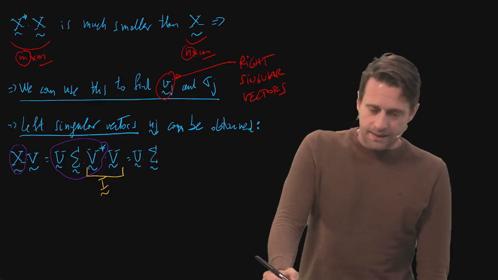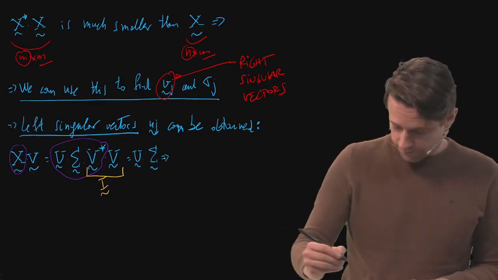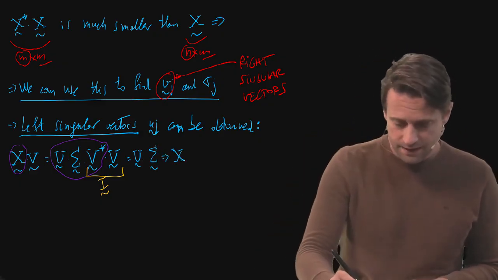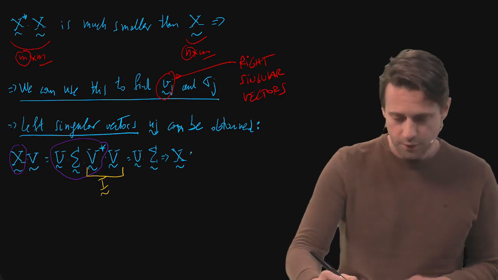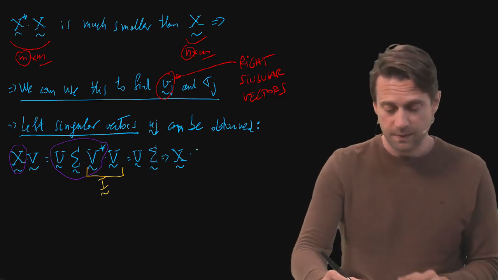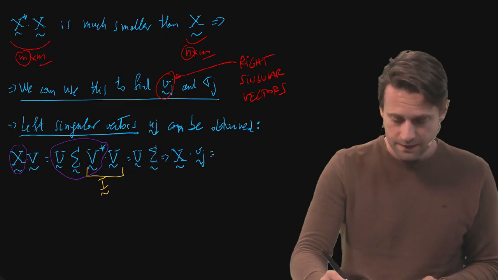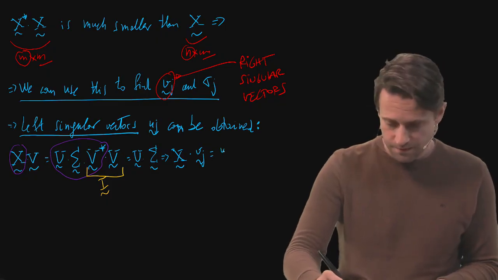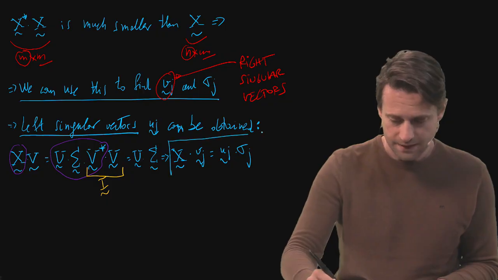This also means that I can write the following: the matrix X multiplied by the columns of matrix V, that would be the Vj, is going to be equal to the Uj times sigma j. And these are, of course, scalars, right?